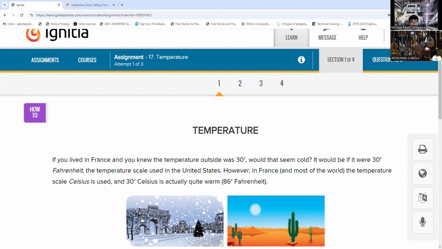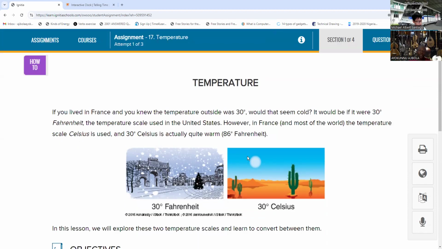The temperature scale used in the United States, however, in France and most of the world, Celsius is used. So Fahrenheit is used in the US, Celsius is used in almost every other place. Now, 30 degrees Celsius is actually quite warm, which is 86 degrees Fahrenheit. So if somebody said the temperature is 30 degrees, you need to check the unit, okay?